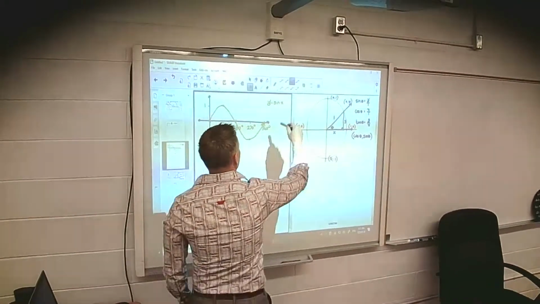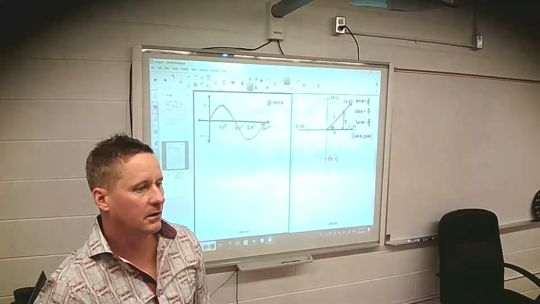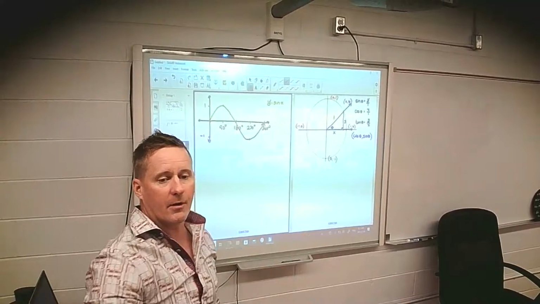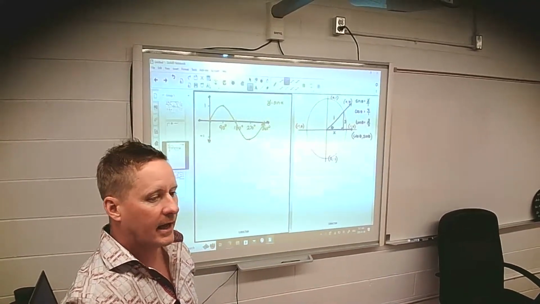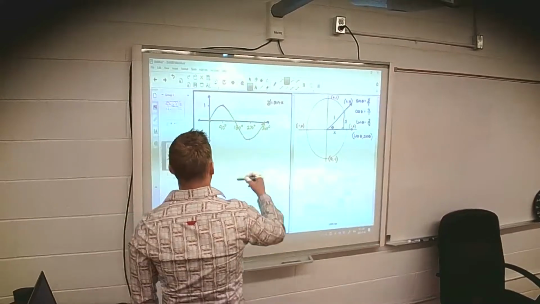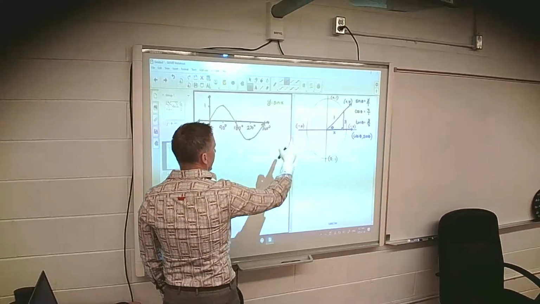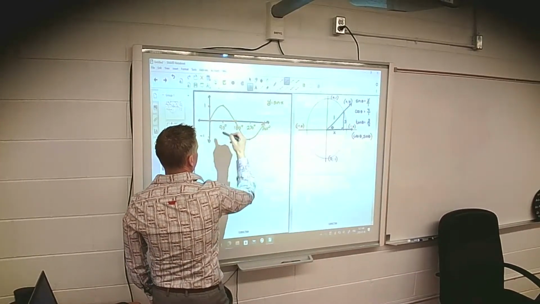Now I'm going to do the cos and go around the circle. So now I'm looking at the x value of all of them around the circle. So what is the x value at 0 degrees? 1. It starts up here. At 90 degrees, 0.